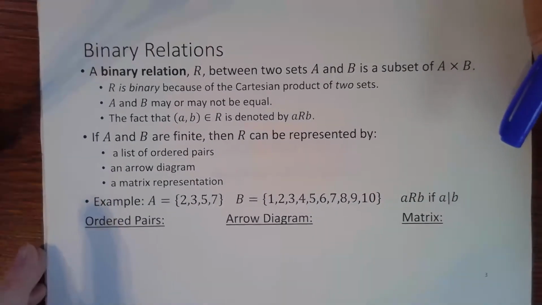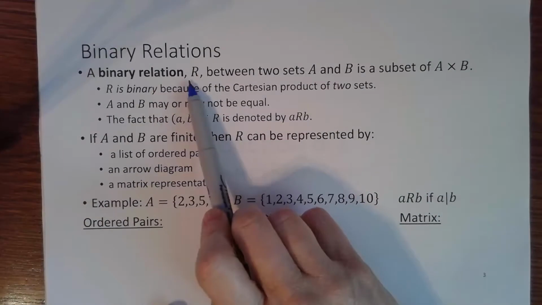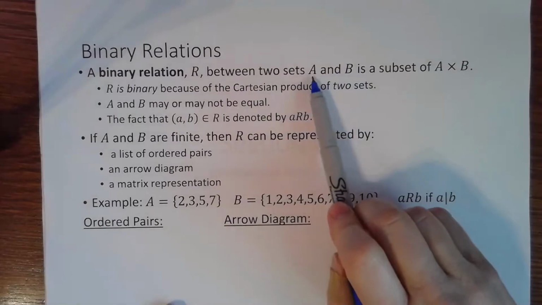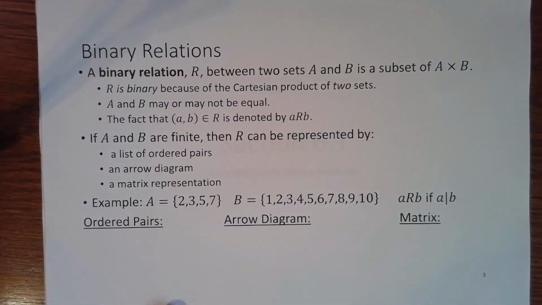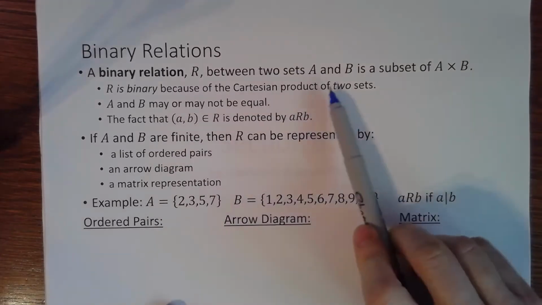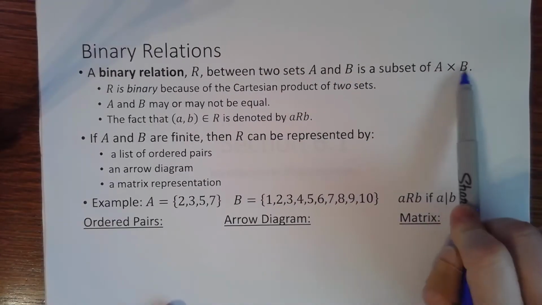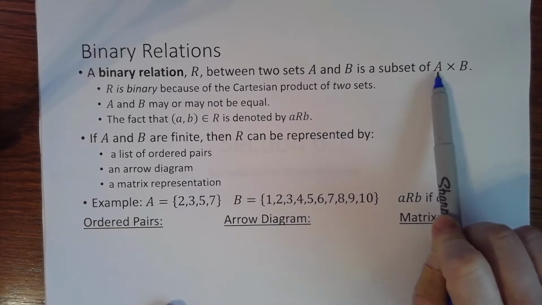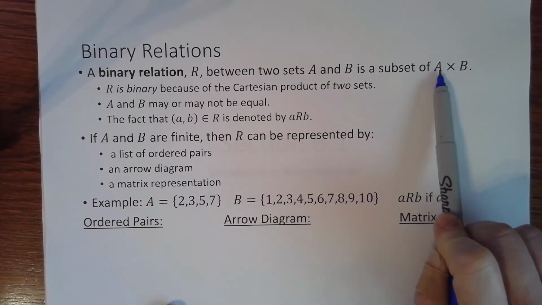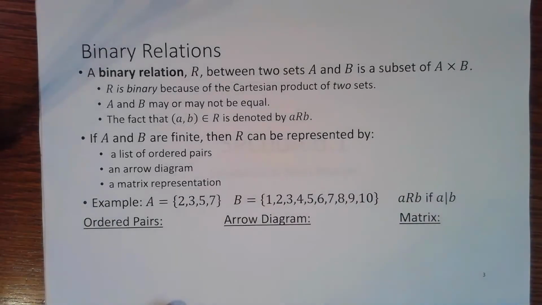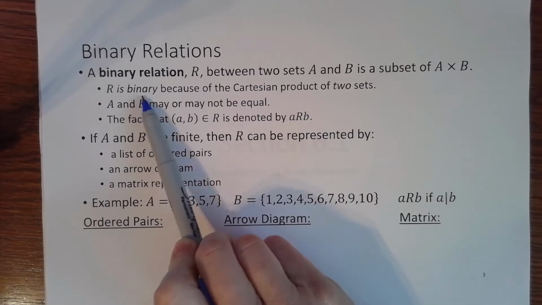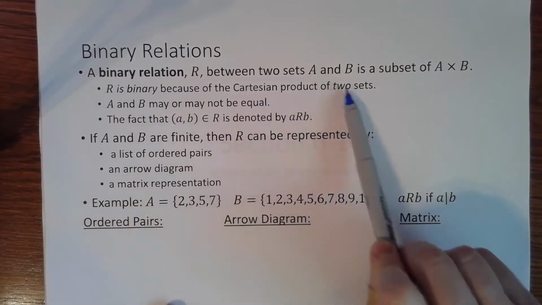So, a binary relation, here's the definition. We'll denote it with the capital letter R, between two sets, A and B. Just like a function, it is a subset of the Cartesian product of A and B. Remember, when you take the Cartesian product of A and B, you get ordered pairs where the first element is from A and the second one is from B. We call R a binary relation because the Cartesian product is of two sets.